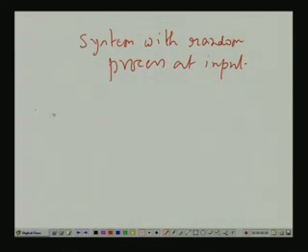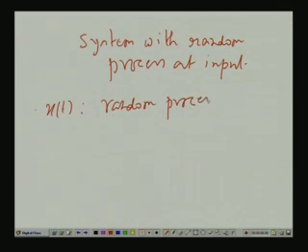Suppose x(t) is a random process. That means you conduct an experiment, and every time you have an experiment, you observe one waveform.